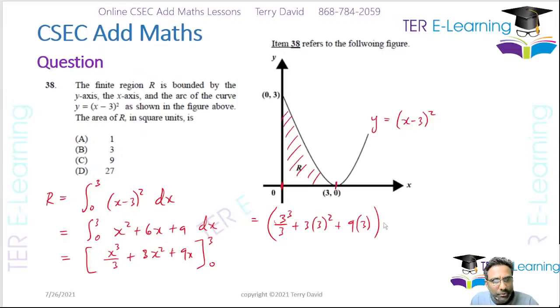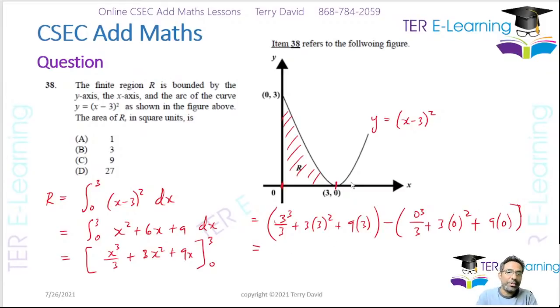Then you're going to subtract and substitute 0 cubed plus 3 by 0 squared plus 9 by 0, so everything on the right hand side is going to be equal to 0. I'm going to use my calculator to work this out. 3 cubed is 27 divided by 3, that's 9, plus 27 again, plus next 27.